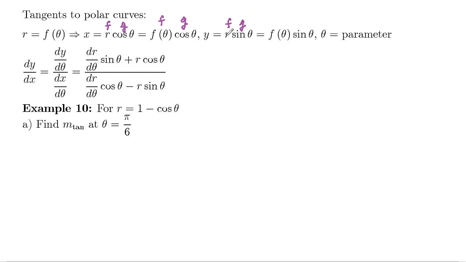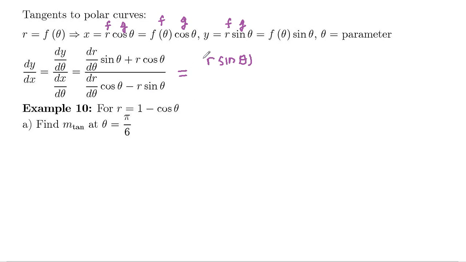So f prime is dr d theta times g, sine theta, plus f, which is r, times g prime, and the derivative of sine is cosine. On the bottom, you're doing dx d theta, so that's the product rule on this guy. So f prime is dr d theta times g, cosine, plus f, which is r, times the derivative of cosine, which is negative sine theta.